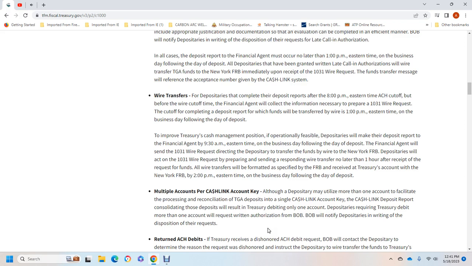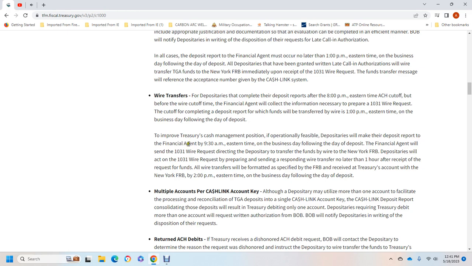The financial agent will collect the information necessary prior to the 1031 wire request cutoff, completing the depository report for which funds are transferred prior to 1 p.m. Eastern Time on the business day following the day of the deposit. To improve the Treasury cash management position, where feasible the depository will make the depository report to the financial agent by 9:30 Eastern Time on the business day following the day of deposit.